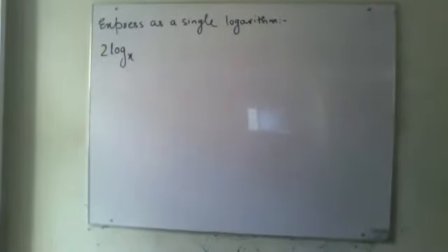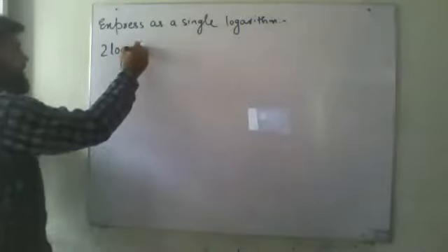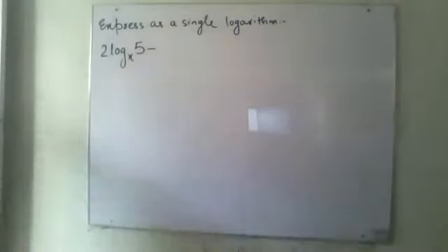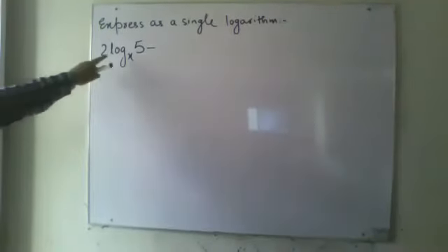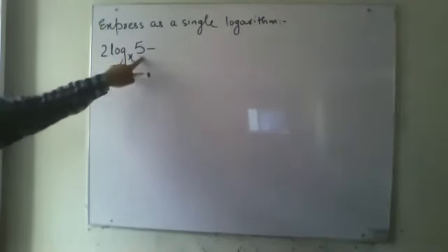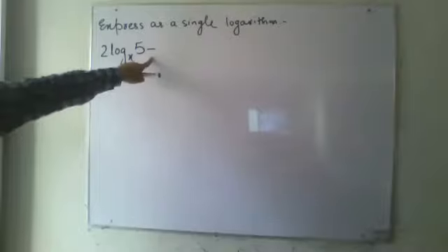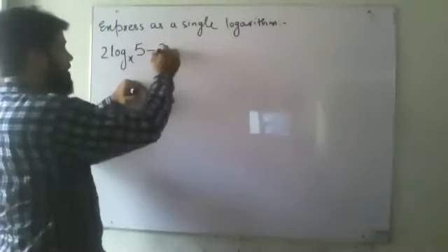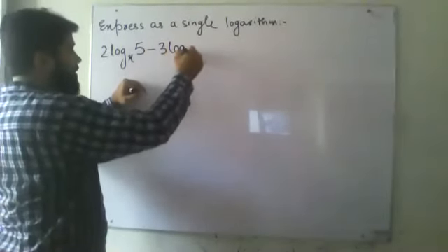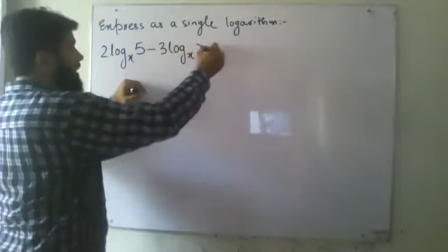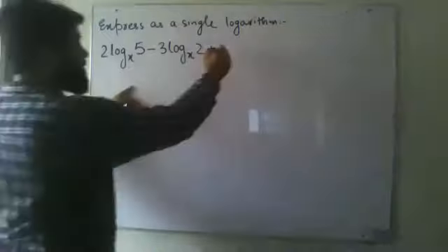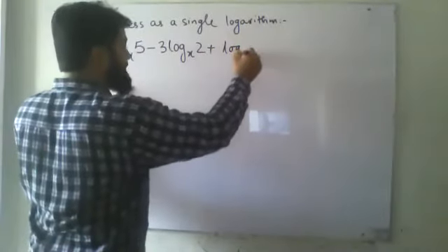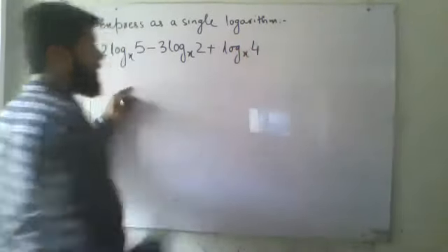So the question is 2 multiplied by log base x of 5, minus 3 log base x of 2, plus log base x of 4.